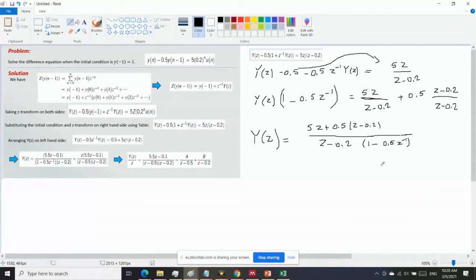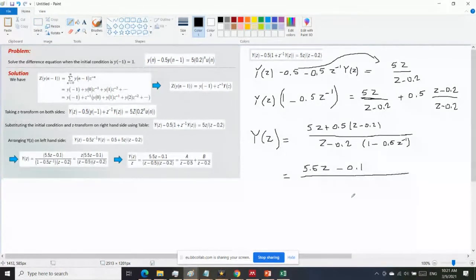Okay, so again we continue with some algebra. We expand this and it becomes 5z plus half z, so 5.5 z. And this half multiplied by 0.2 gives 0.1, so minus 0.1. Half of 0.2 is 0.1. Okay, we're done with the numerator.